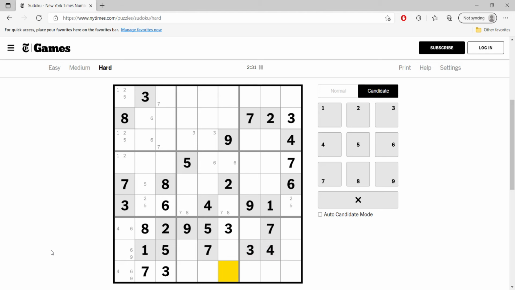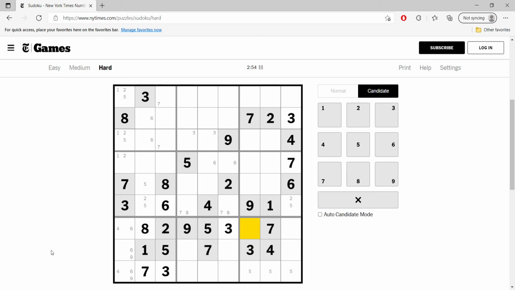Just looking in this row, we already have 3 in this row. But 5 and 9, well, 5 is in 3 cells here. It doesn't really work. What about this row?